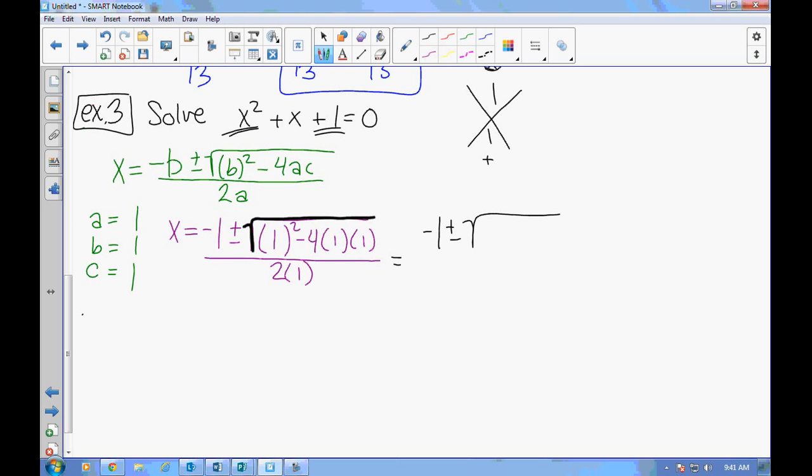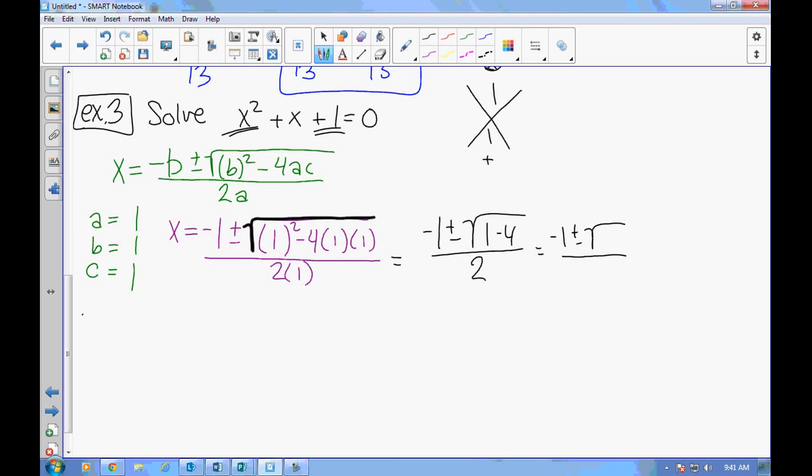Doing exponents, what is 1 squared? 1 squared is 1. Negative 4, make sure you remember that's a negative. That's an easy mistake. People do a positive 4. Negative 4 times 1 times 1. Negative 4. All over 2. Still working inside the square root.